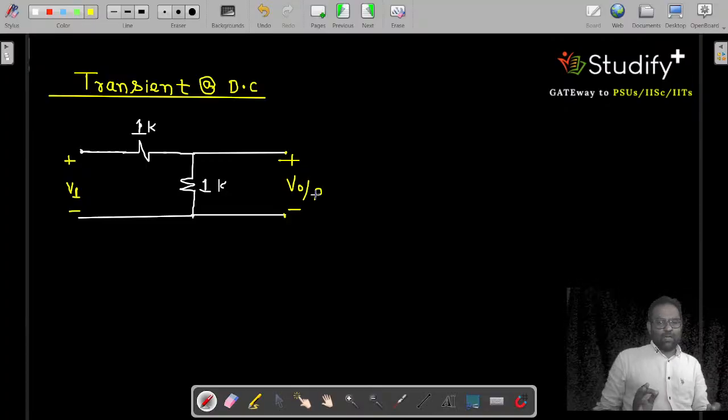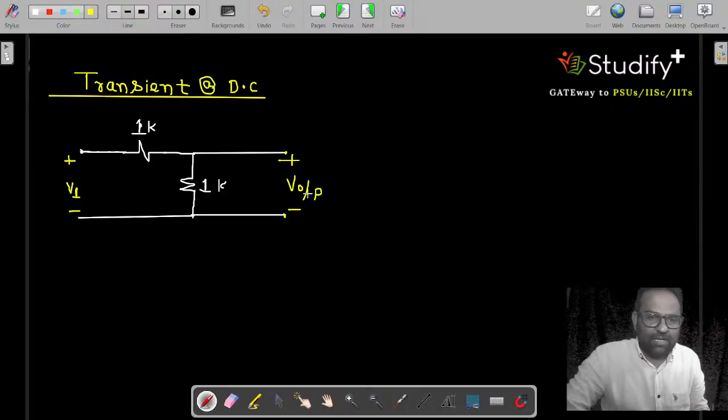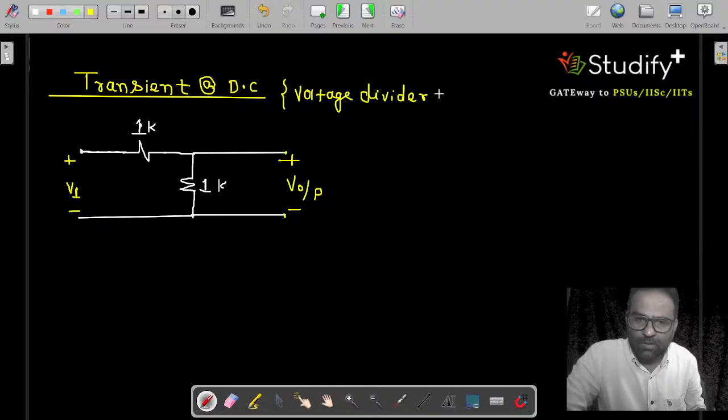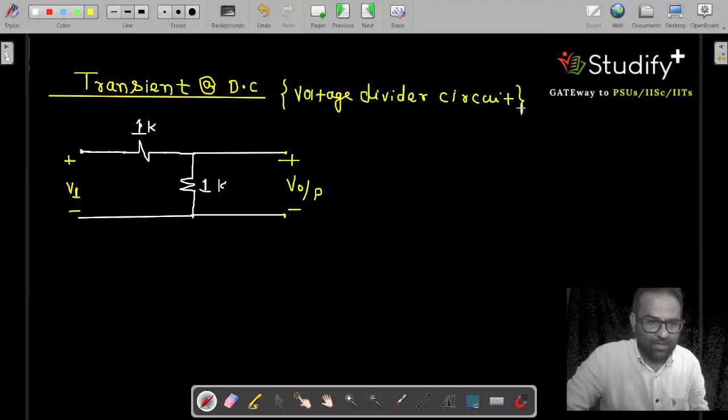So this circuit is known as a potential divider circuit, or you can say a voltage divider circuit.